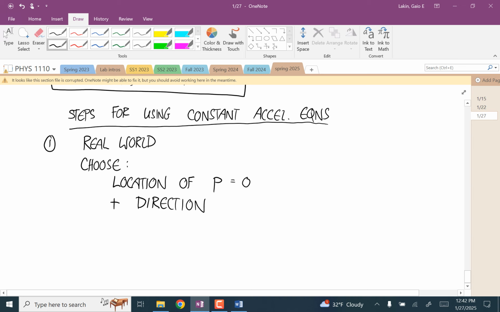And then you have to choose 2 times. You have to choose the instant that you're going to turn the stopwatch on. That's our time equals 0 instant. So that's like when you click on your imaginary stopwatch.